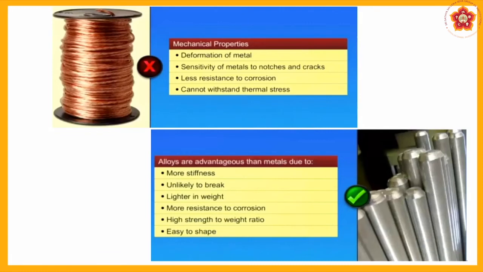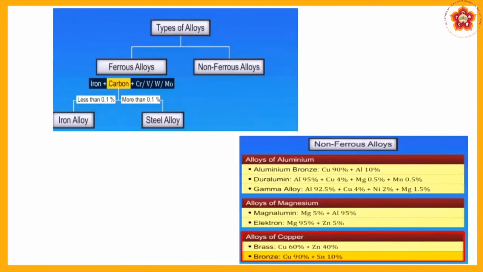So let us see some examples of these alloys, where we can classify them into ferrous alloys and non-ferrous alloys. In this ferrous and non-ferrous classification, one thing becomes clear: ferrous alloys are those which involve iron, while non-ferrous alloys are generally devoid of iron.